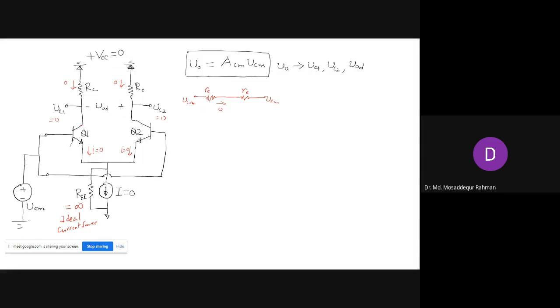But that is not the situation in real differential amplifiers, because a real differential amplifier will not have infinite output resistance for the current source. Right? This is the ideal situation.